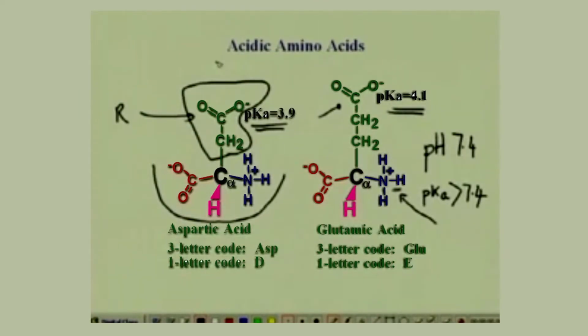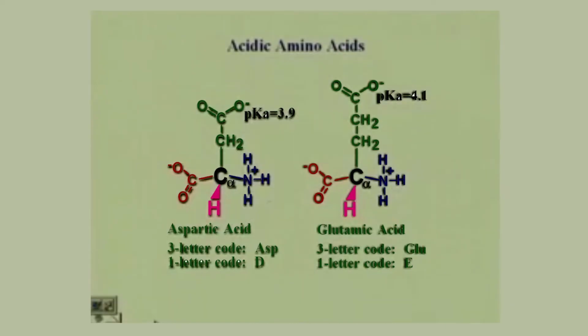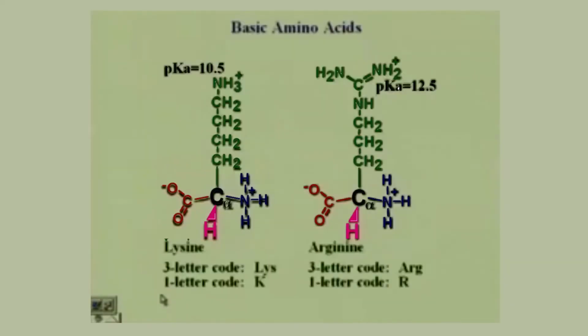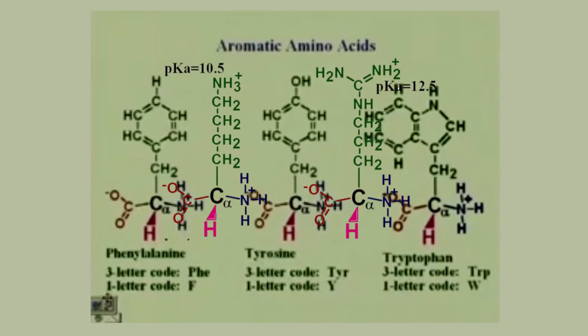So, these comprise what are known as acidic amino acids. If there are acidic amino acids, it means that there are also basic amino acids. So, what are these basic amino acids? These are lysine and arginine.